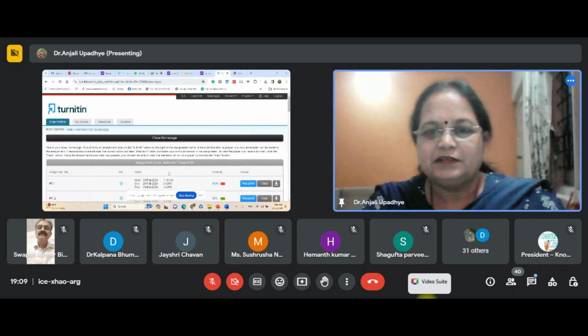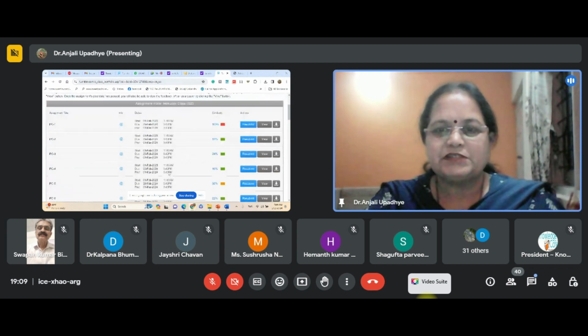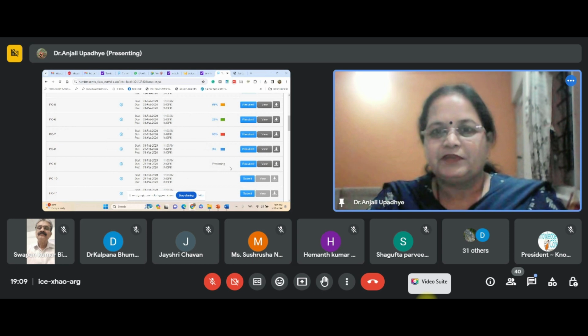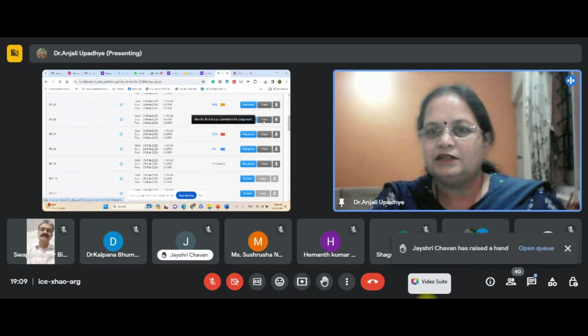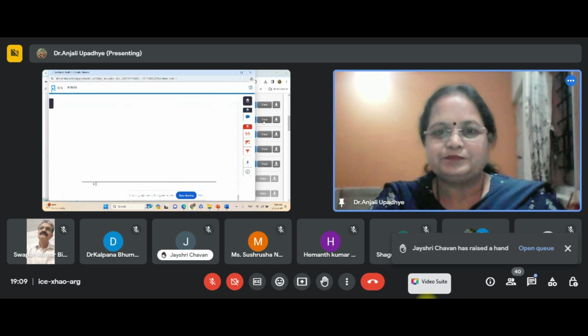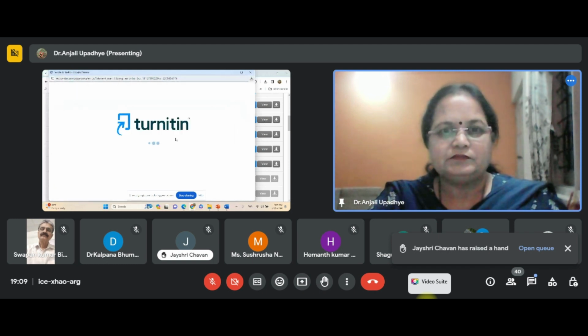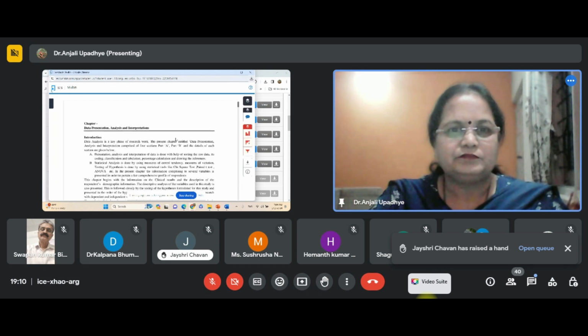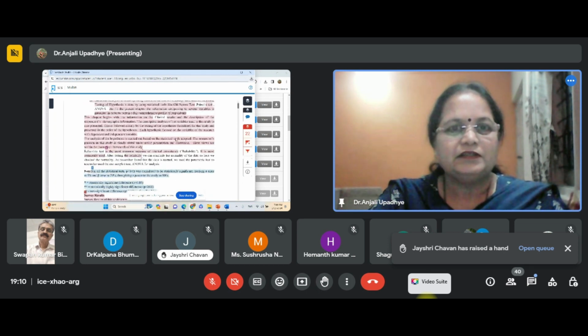The same file, now you can see on the tab, there is processing. It will take some minutes to process this particular file. But I have already processed this file, so we will check and view it. So the same file is here.